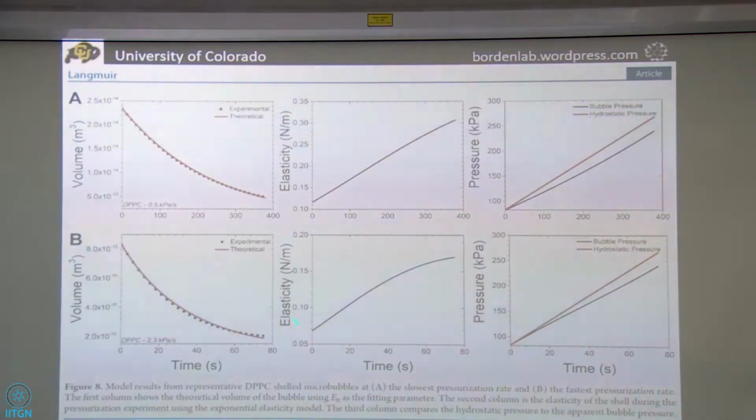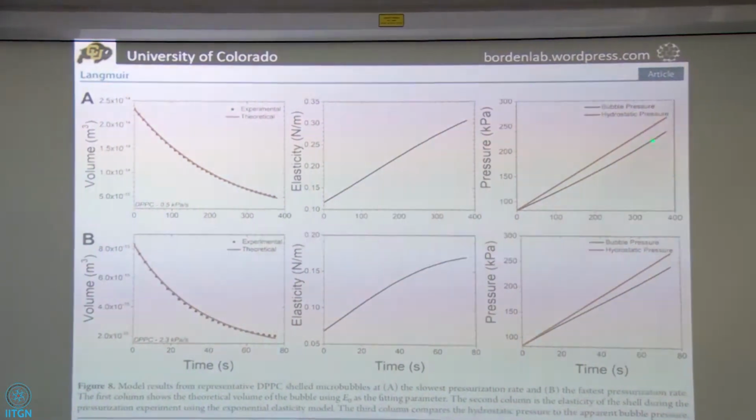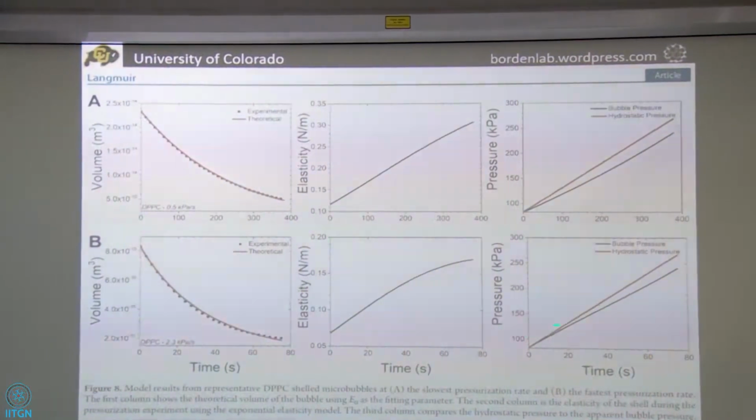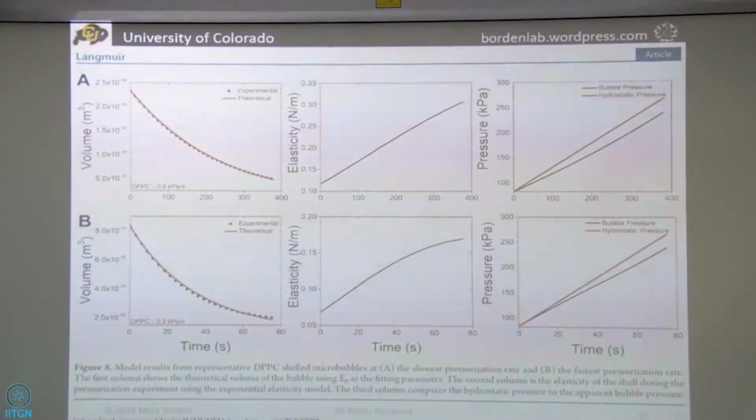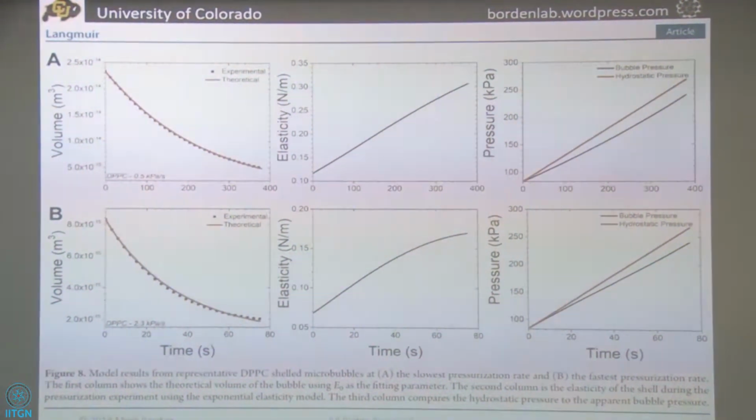And you can see that the elasticity is increasing, but it starts to hit the plateau value, particularly at the higher pressurization rates. And you can look at the bubble pressure in black versus the hydrostatic pressure, and initially they're the same, but they start to deviate. So the pressure inside the bubble is actually less.